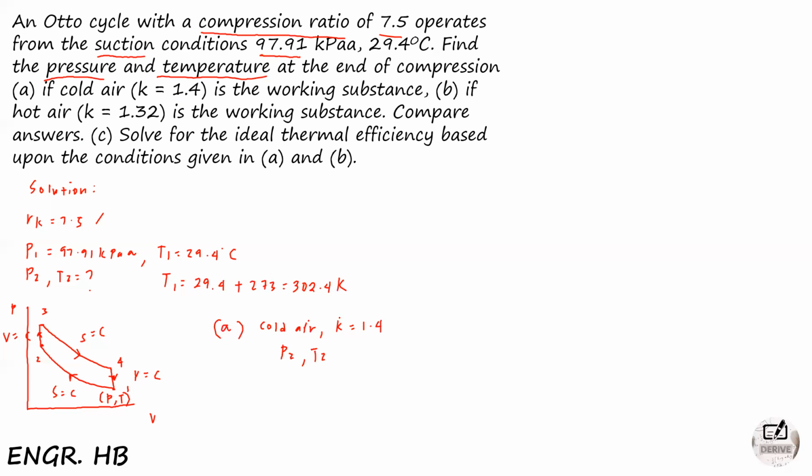Earlier in our recap of formulas, I forgot to mention the PVT relationship. This is applicable, especially when the process is isentropic. Since we are looking from point 1 to point 2, which is isentropic compression, the relationships for P, V, and T are, of course, isentropic.